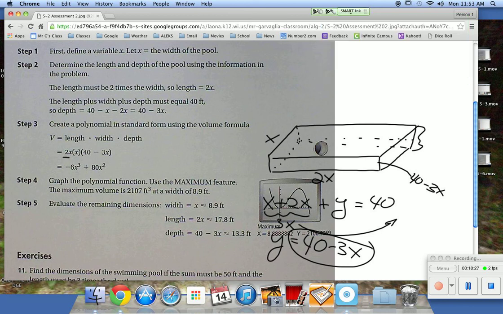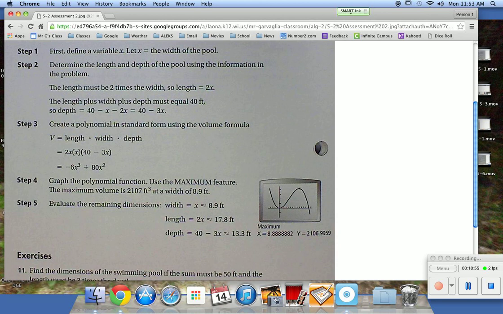Our 2x, our x, and our 40 minus 3x. Right? See how we came up with that? And this is what we got. That's the equation that they need to be able to figure out what the pool is. Now they can come in here and graph the polynomial and all that. This is what I'm interested in: you coming up with the equation for these word problems.